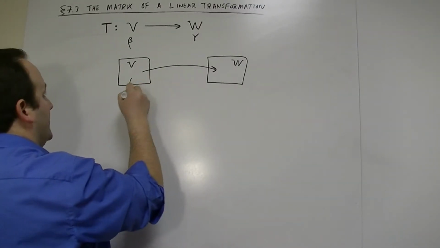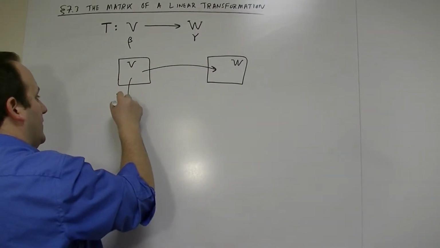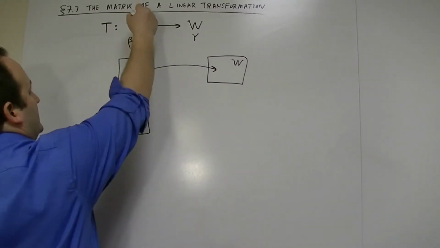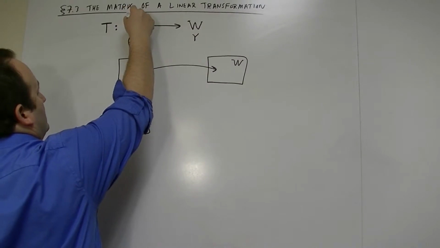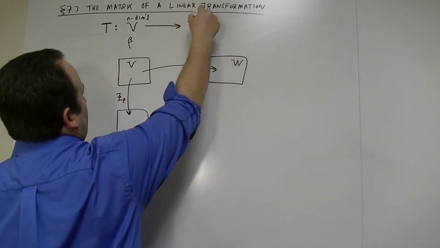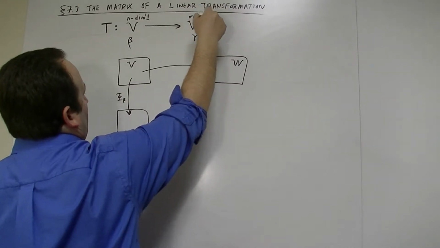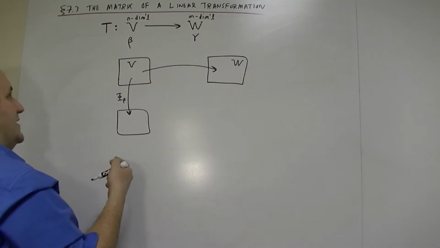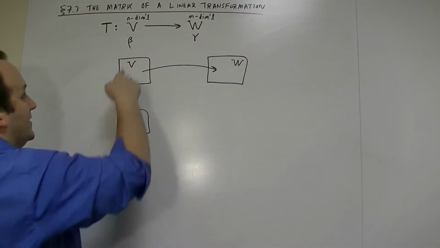I can take the beta coordinate mapping and go down to Rn. Let's suppose that V is n dimensional and W is m dimensional.